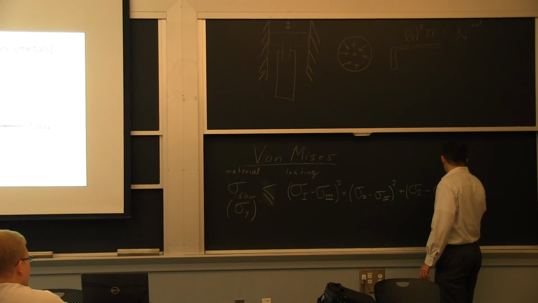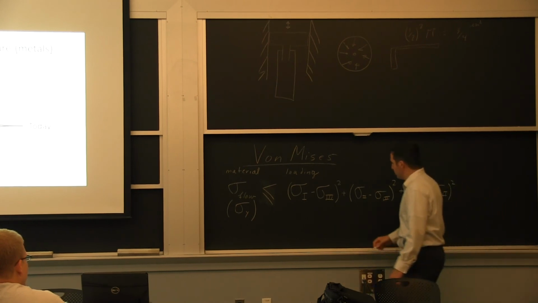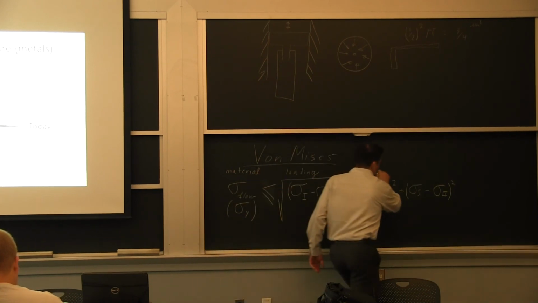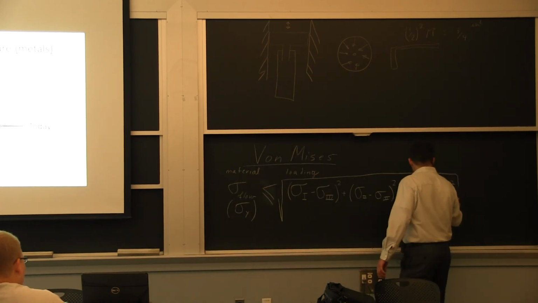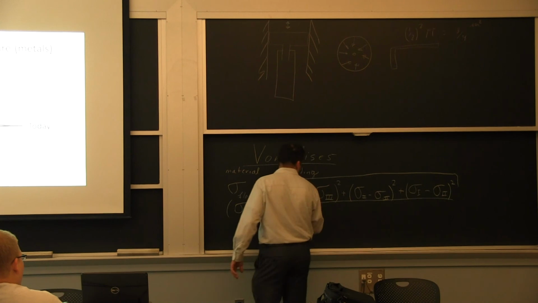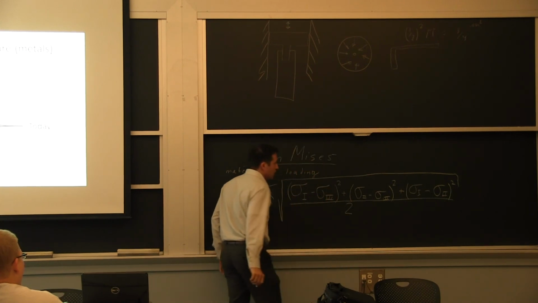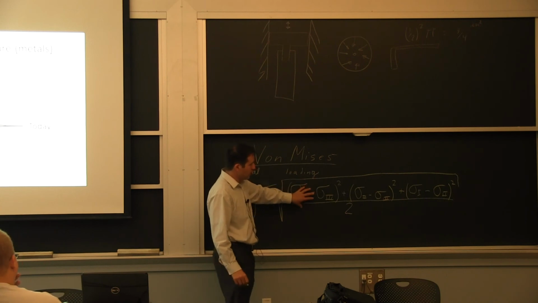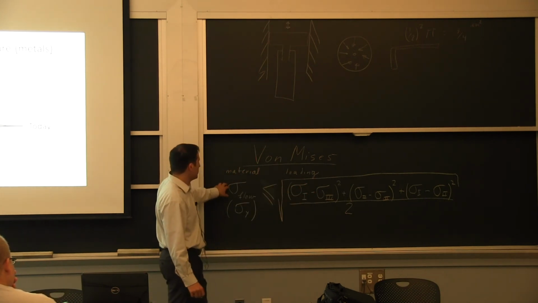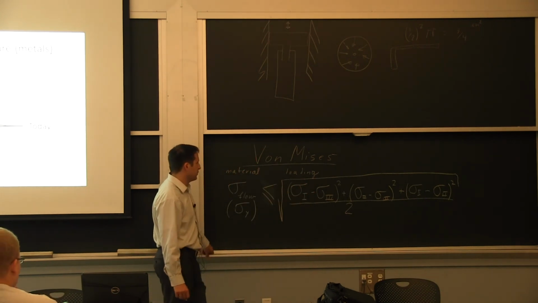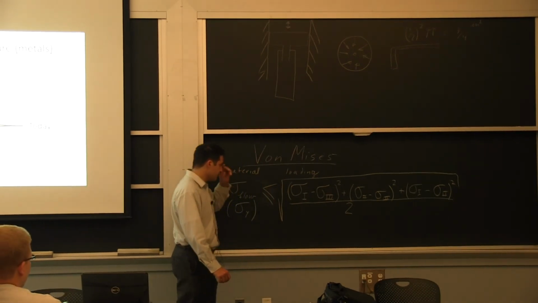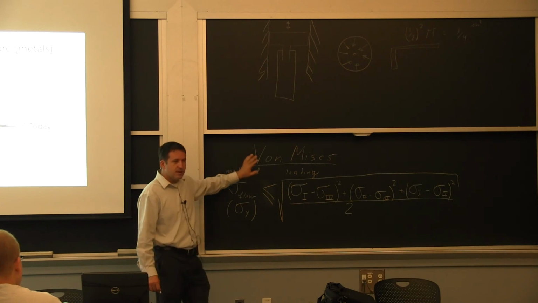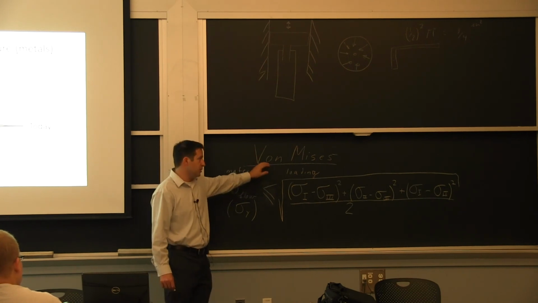So I'm essentially taking the most complex stress state that you can think of, looking at it in the principal axes, so there's no shear in that axis. I'm making this difference so that I'm comparing my loading with the capacity. So whether I have flow or not, this is one thing that's happening with the material.